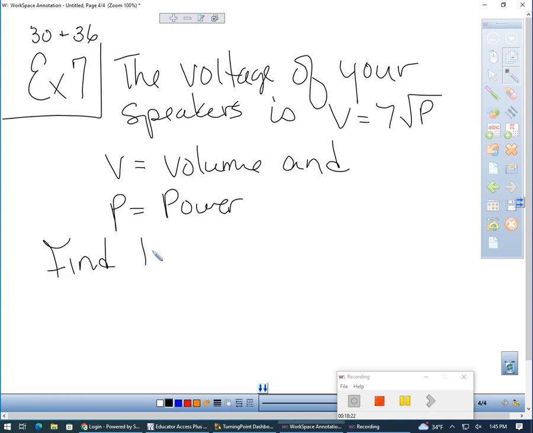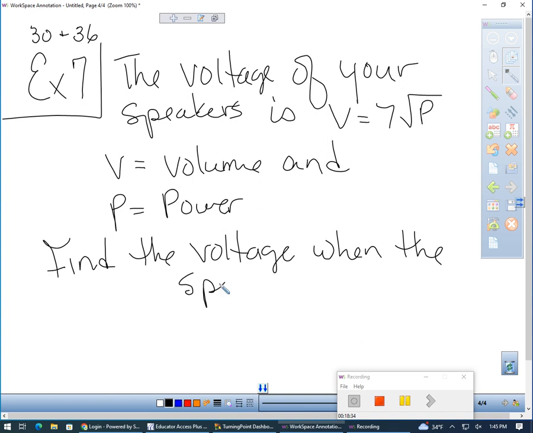Find the voltage, which is actually where the volume comes in, right? Find the voltage when the speaker is how about 600 watts.